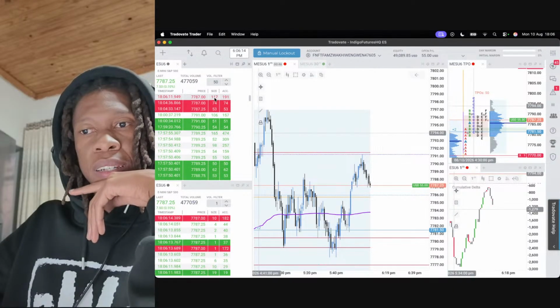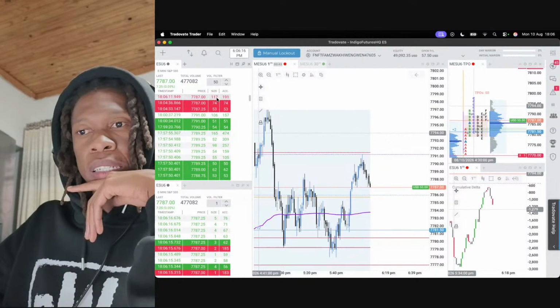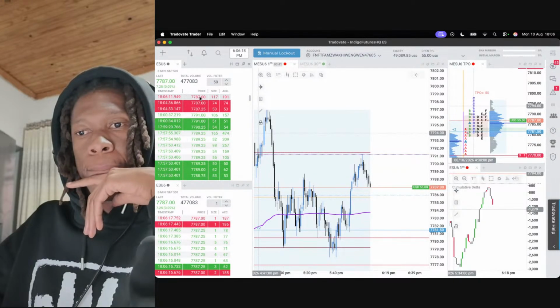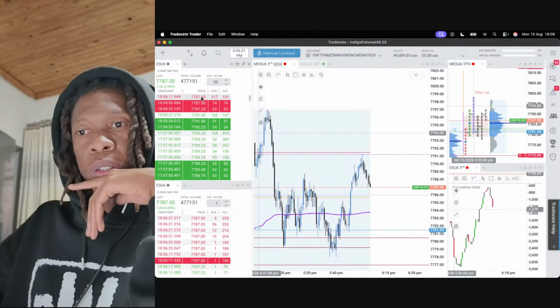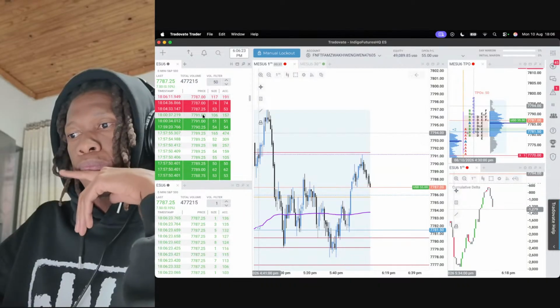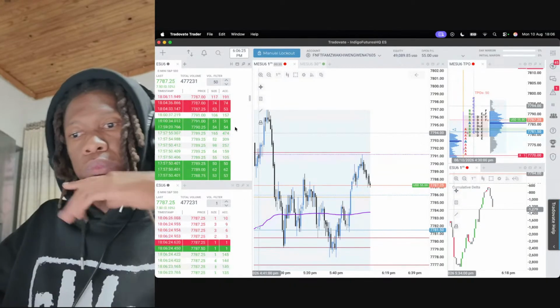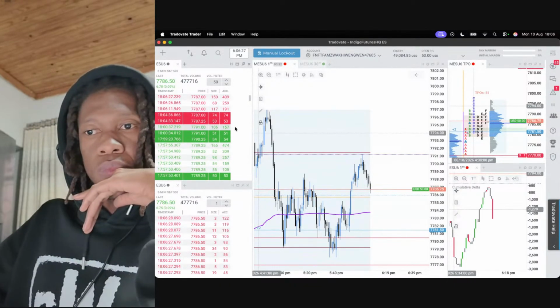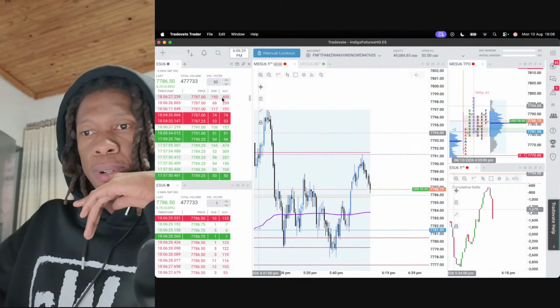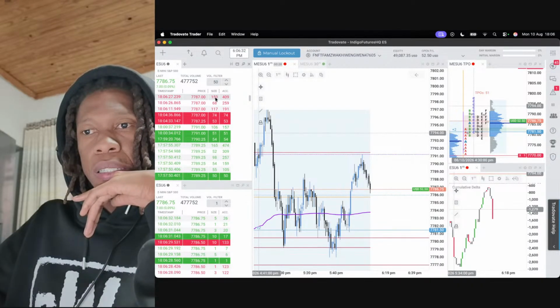Here we go, 87, 191 accumulated at 87. So the inverse of this 91. So 87s and 91s. Again, 87s, 409 accumulated.